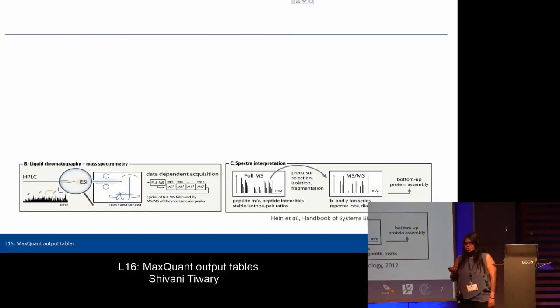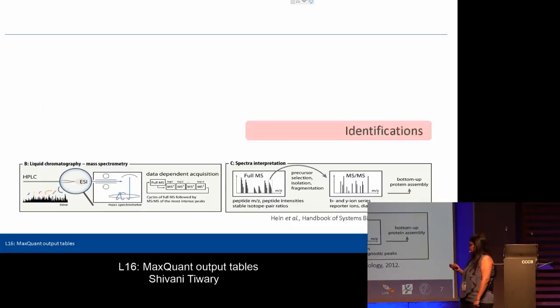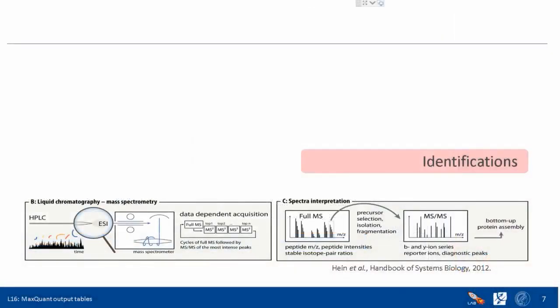Now we should start with how our proteomics workflow is. LC-MS proteomics starts with liquid chromatography, and then you have full MS, and from there you choose your precursor, and then you do your MSMS. Then MaxQuant and Andromeda interpret those MSMS and get the peptide identification, and from that, you get your protein groups.